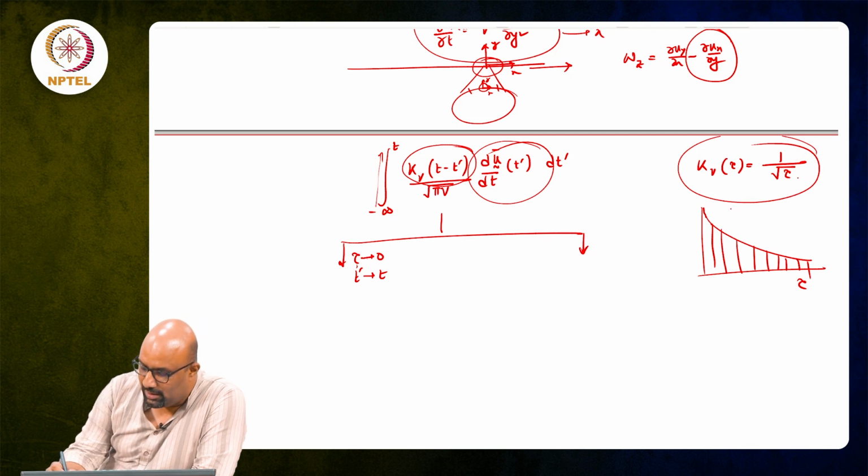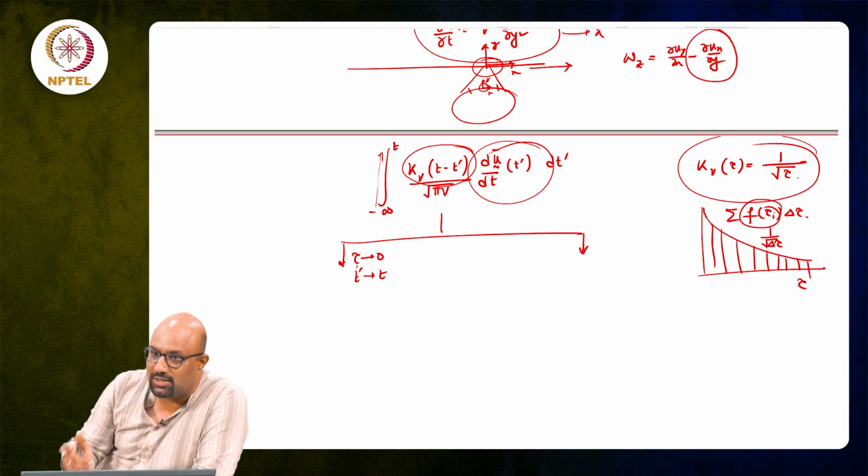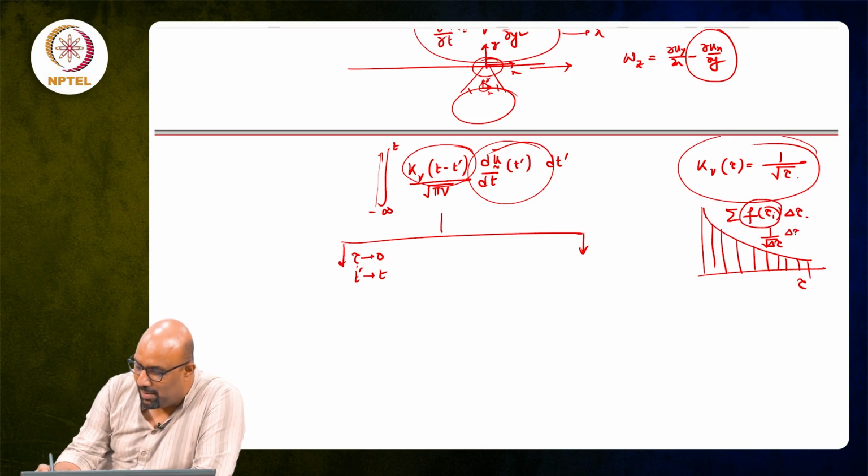You have to remember this is actually a sum of the function, let us say at the ith point, times some delta tau. So, if the function actually goes as 1 by root delta tau as it goes towards the origin and the base of that rectangle is delta tau, then what happens?